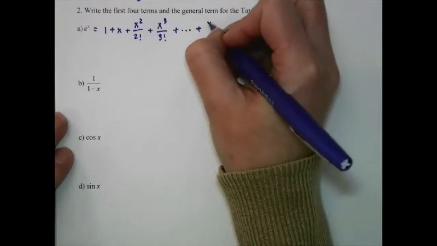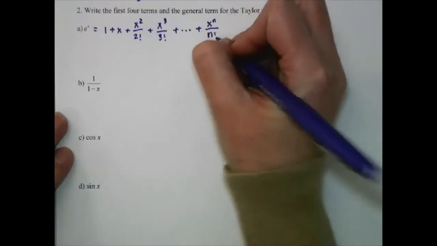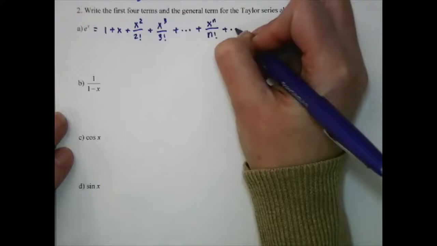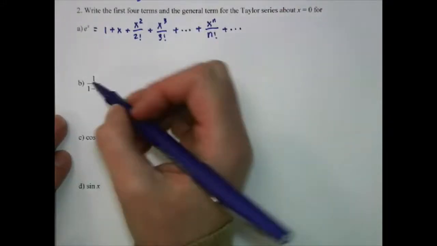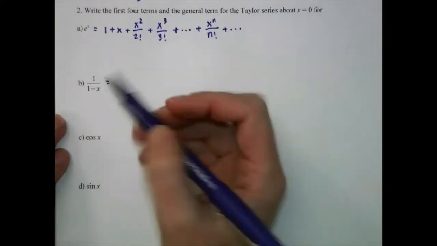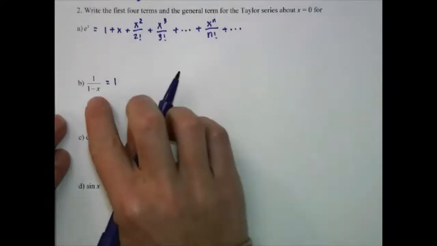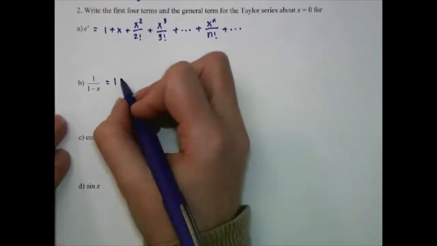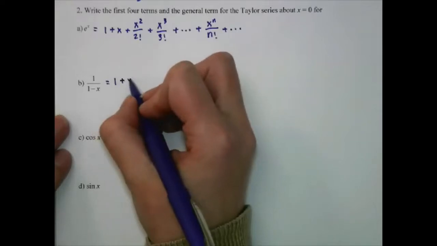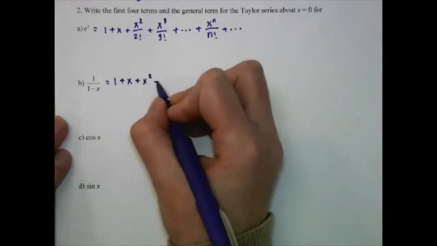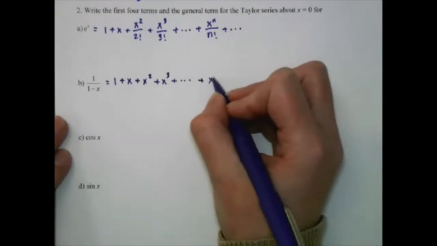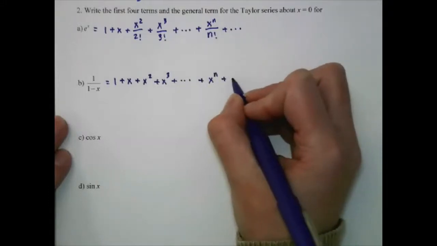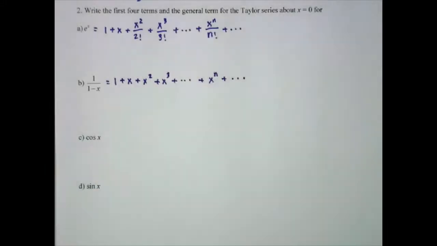Plus our general term is x to the n over n factorial, and then we do need the plus dot dot dot afterwards because this is infinite. This one is our geometric with an a1 of 1 and a common ratio of x. So this will be 1 plus x plus x squared plus x cubed plus x to the n plus dot dot dot.